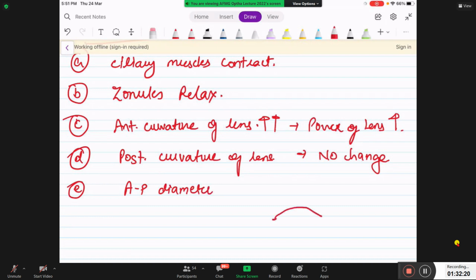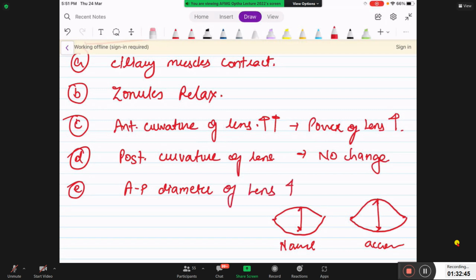Suppose this is the lens in the normal state. Whenever there is accommodation, the anterior curvature of the lens increases, whereas there is no change in the posterior curvature. So the anteroposterior diameter of the lens will automatically increase. Okay, so these are the five changes which take place during accommodation.